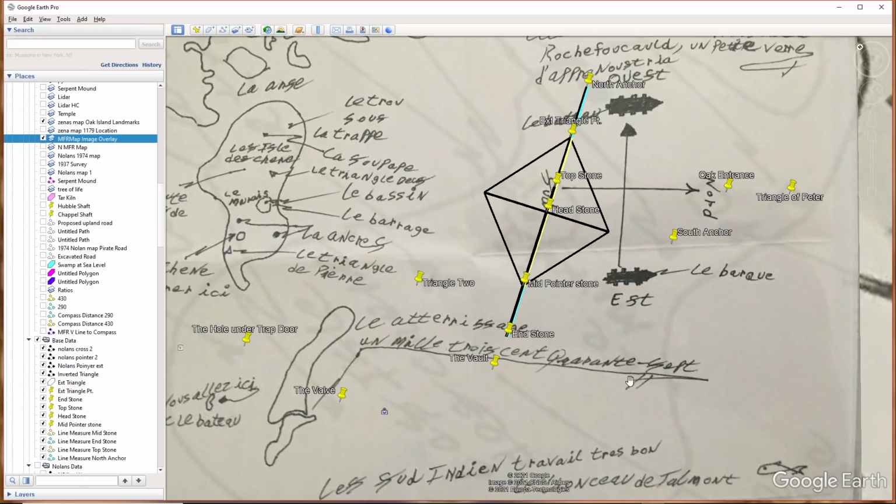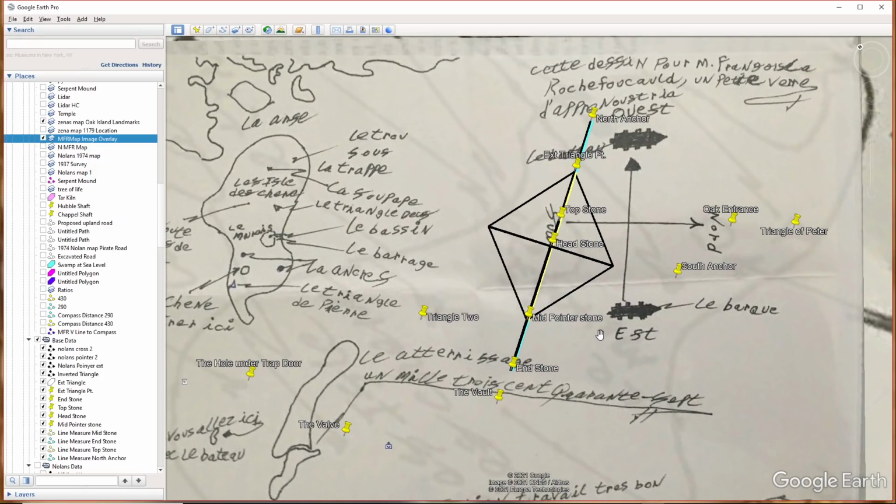And here is the 1347 in French, where we get what we call the scale distance, the blue scale distance. And over here, I've gone over this quite a few times, this compass rose is basically there to not only give you an established relationship between the top stone and the oak entrance, but also it establishes the mid pointer stone and the extension triangle.